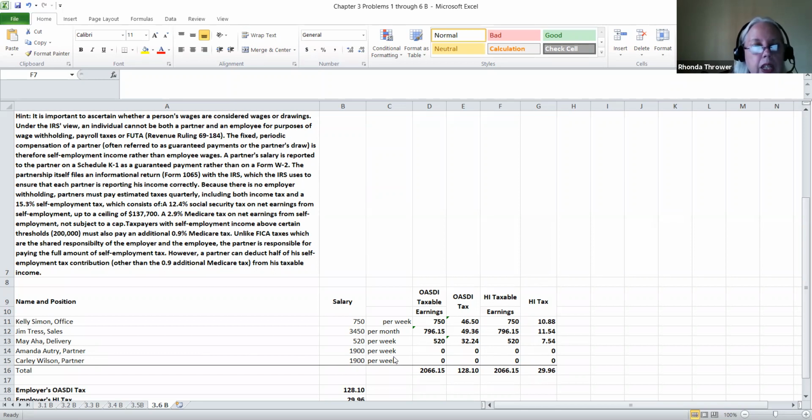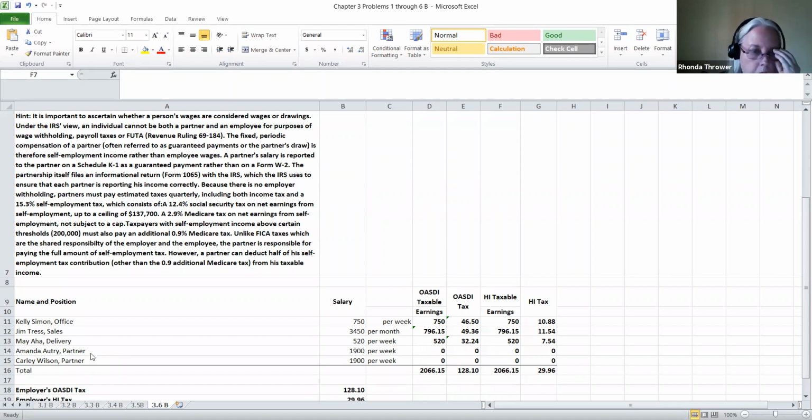At the end of the year, they will have to pay self-employment tax on the amount of the drawing. And that Social Security tax and Medicare tax, the FICA taxes, will be paid by the partner, but the partner has to pay it with a different form.